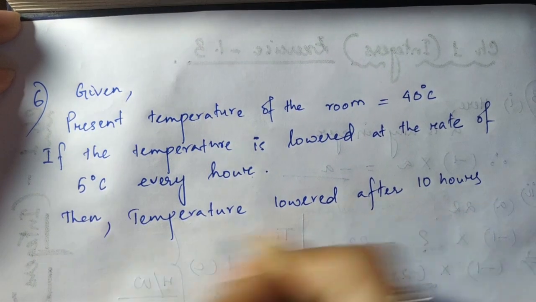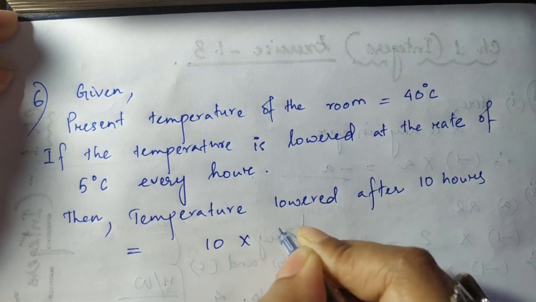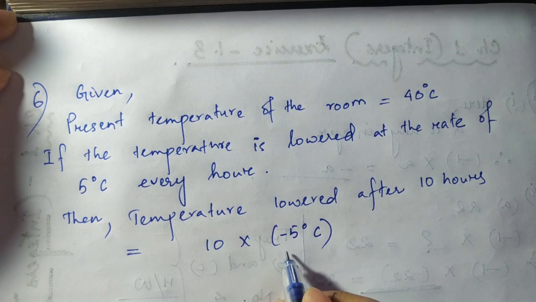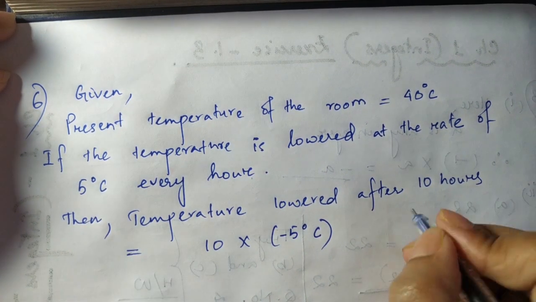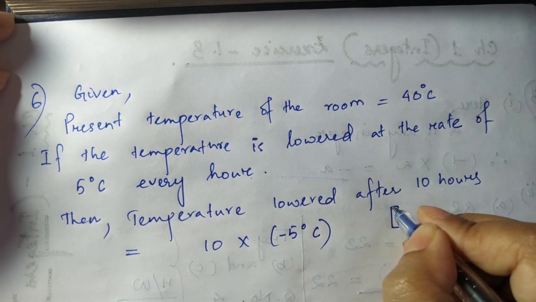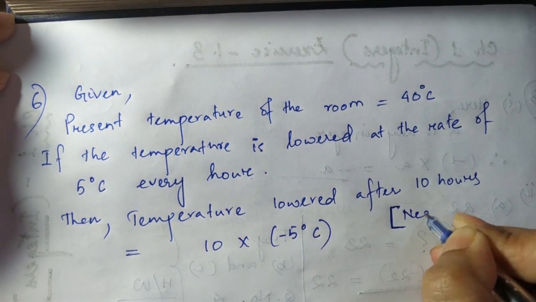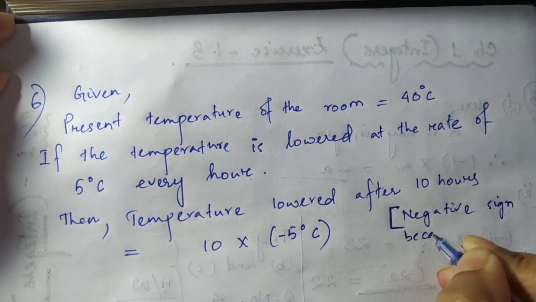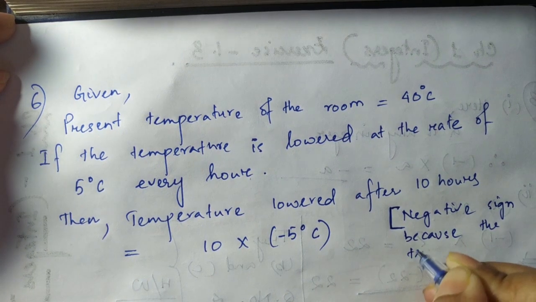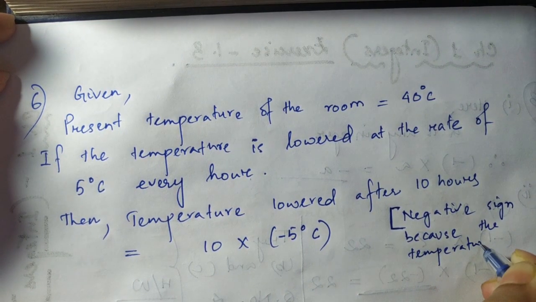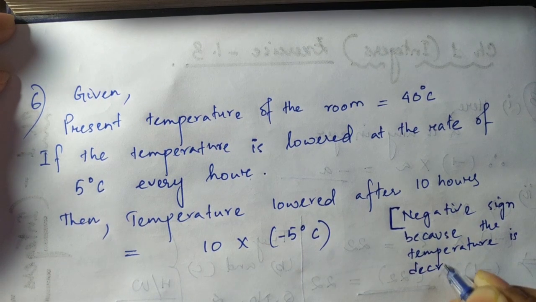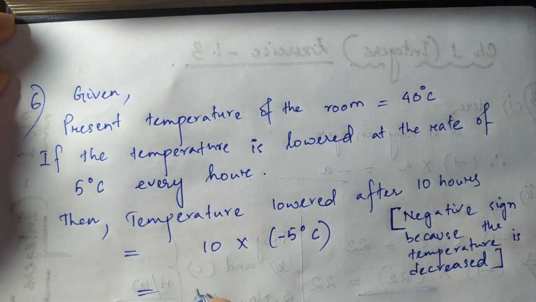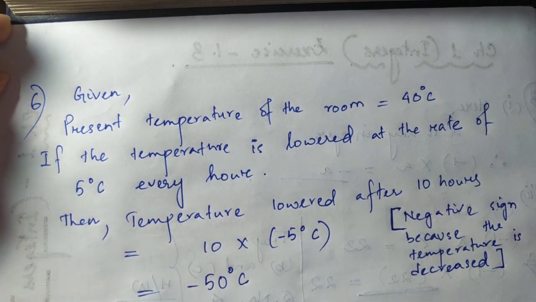After 10 hours, it will be 10 into minus 5 degrees Celsius. Why am I using the negative sign here? It was given that it decreases by 5. This is to make you remember that I am using the negative sign because the temperature is decreased. If it was increased, then I would not have used this negative sign. So how much will it be? It will be minus 50 degrees Celsius.